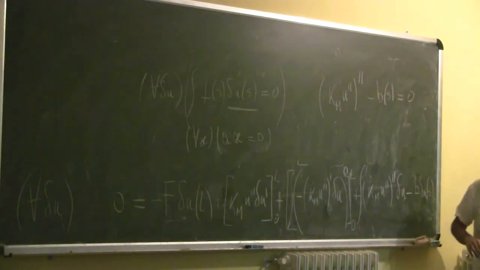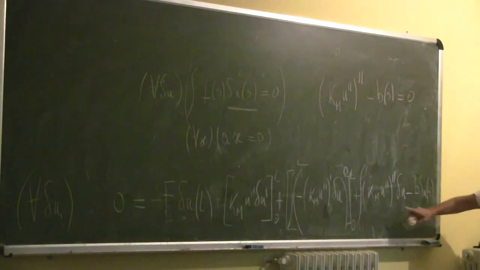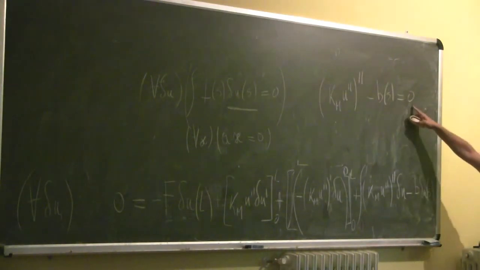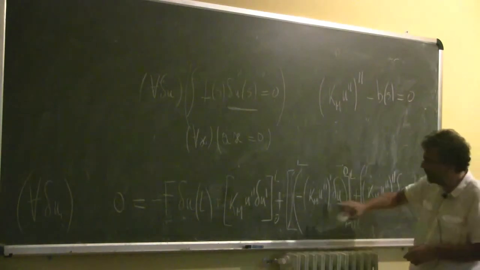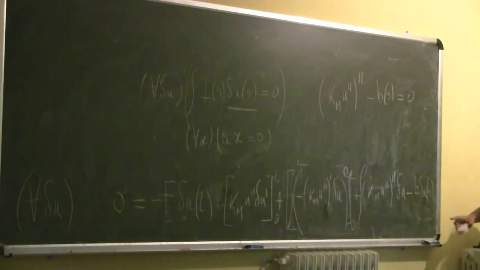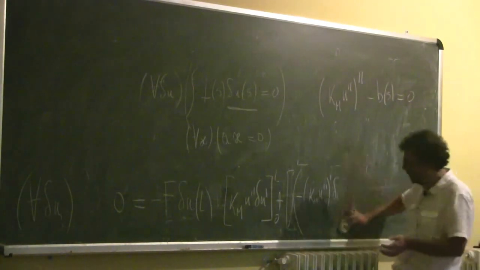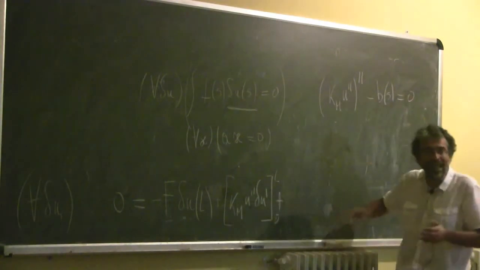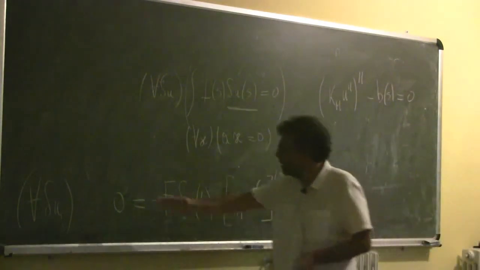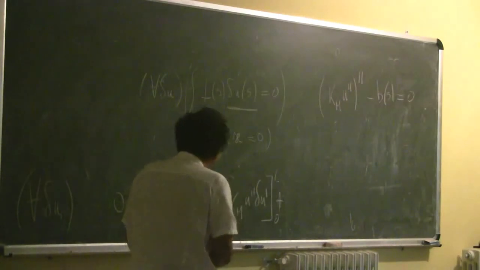If this quantity is 0, then all this integral is always 0. So I can erase this, and I get that for every delta u, this quantity is 0.